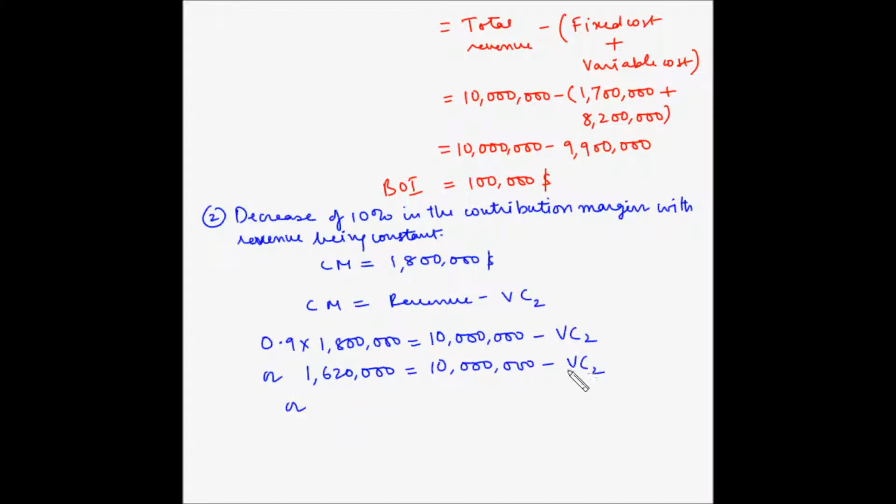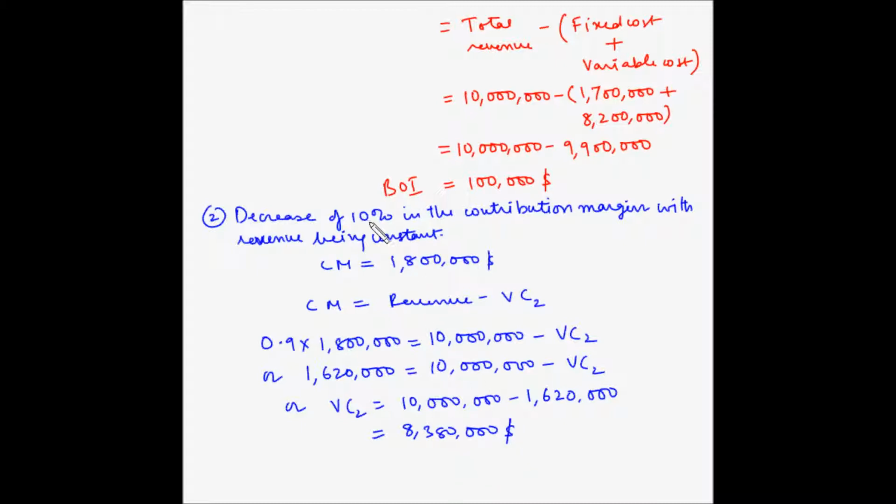So let's now bring VC2 on one side. So VC2 is equal to 10 million minus 1.62 million, and this is equal to 8.38 million dollars.